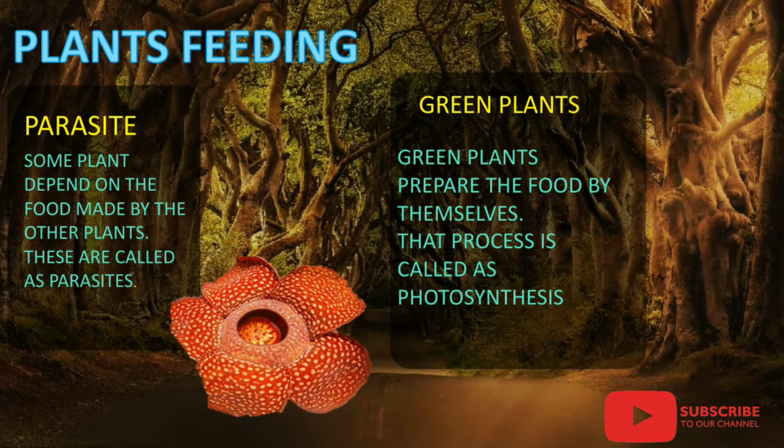The process of photosynthesis is this: the plants take water from the soil with the help of the root. So they take water as food and they take sunlight for their growth, from the sun.